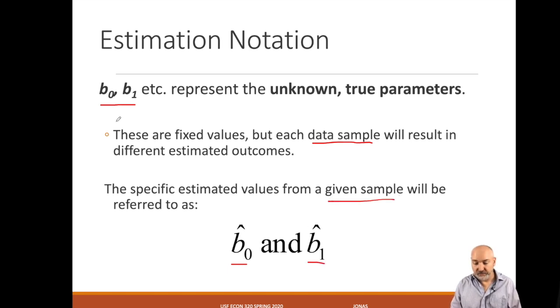So this is the given sample estimates of the true underlying parameters. So we'll never know what those true values are. When you're actually given a number, calculated a value from a sample, that is the hat, right? That's the estimated value of the true unknown. That's what Stata ultimately is going to give to us, right?